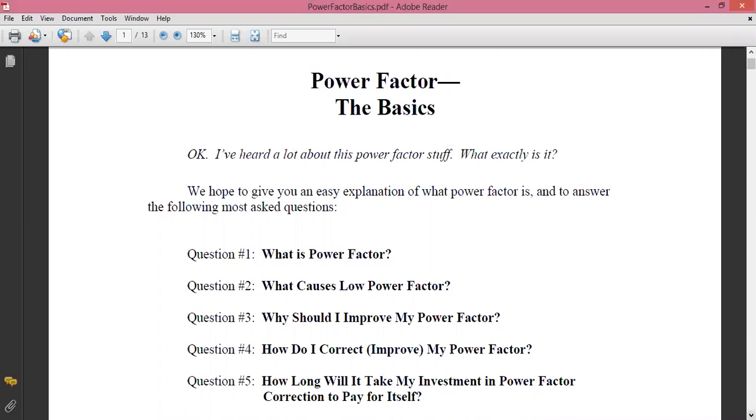Question two, what causes low power factor? Question three, why should we improve our power factor? Question four, how do we correct our power factor? And question five, how long will it take for our power factor correction to pay for itself?